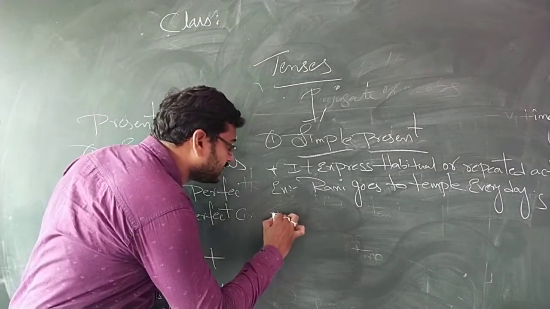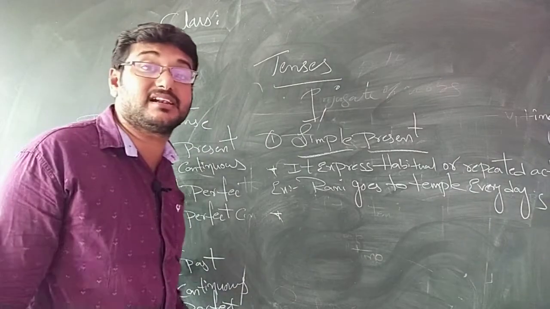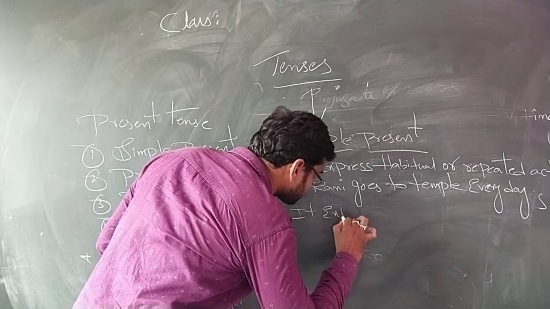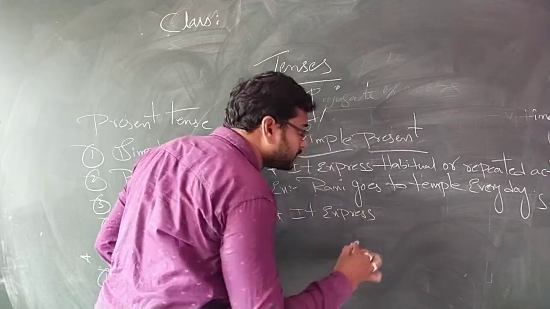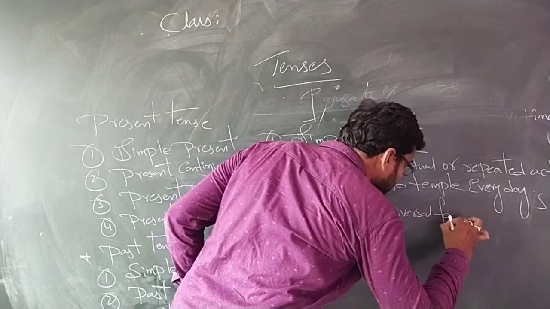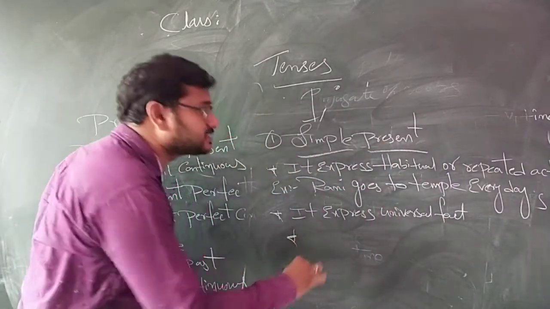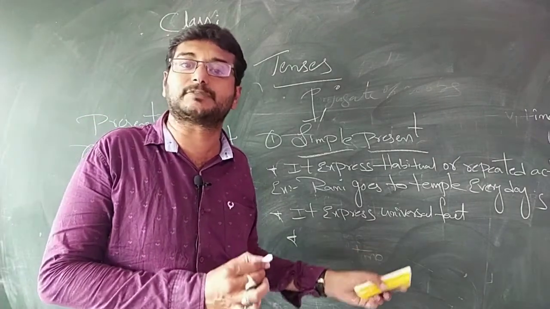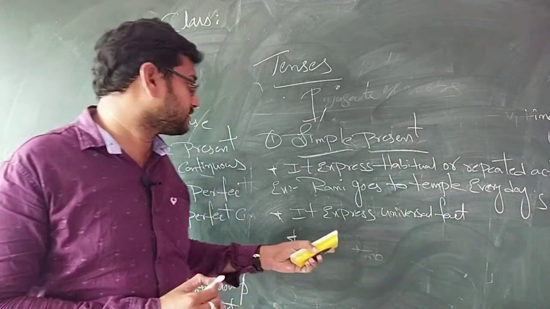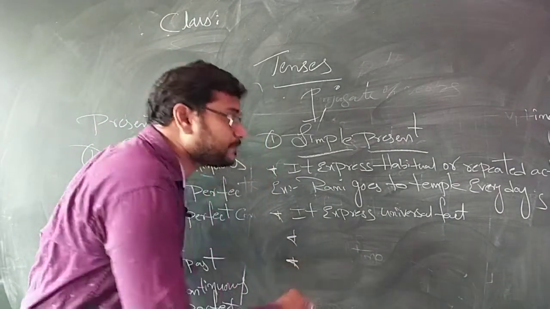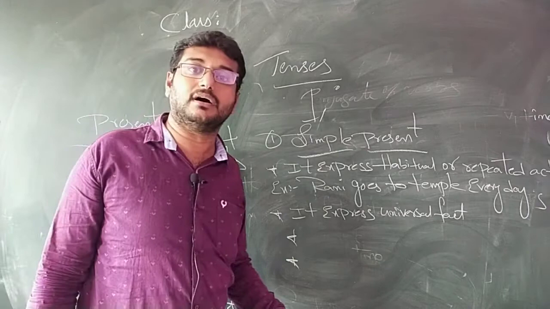Next one, it expresses universal facts. What is a universal fact? The sun rises in the east, sets in the west, honesty is the best policy, are some of the universal facts. The next one, it expresses occupation or profession.